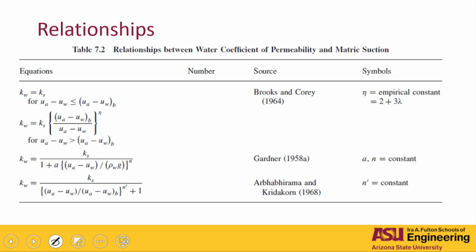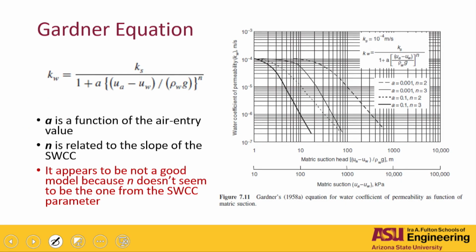And there's another one that has an N prime constant. But most of them are pretty much of the same form, and it's been working for about 70 years. Petroleum engineering has been using that way ahead of us. They're using all this with no problem.